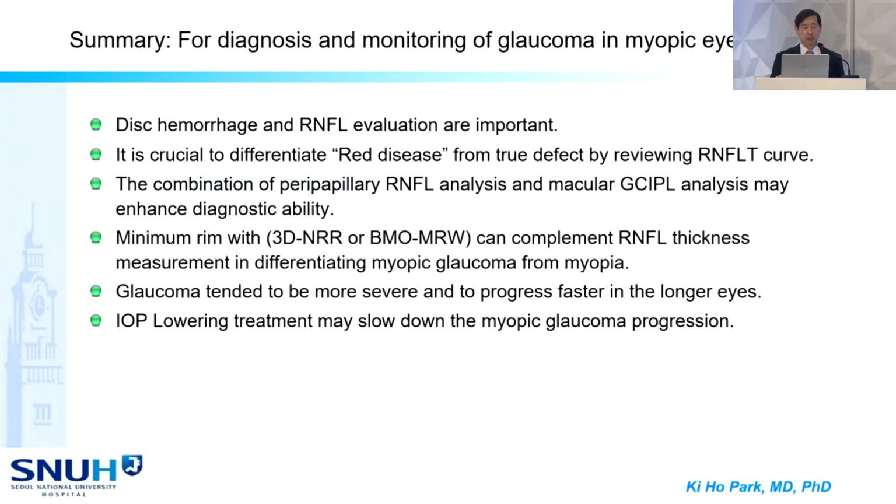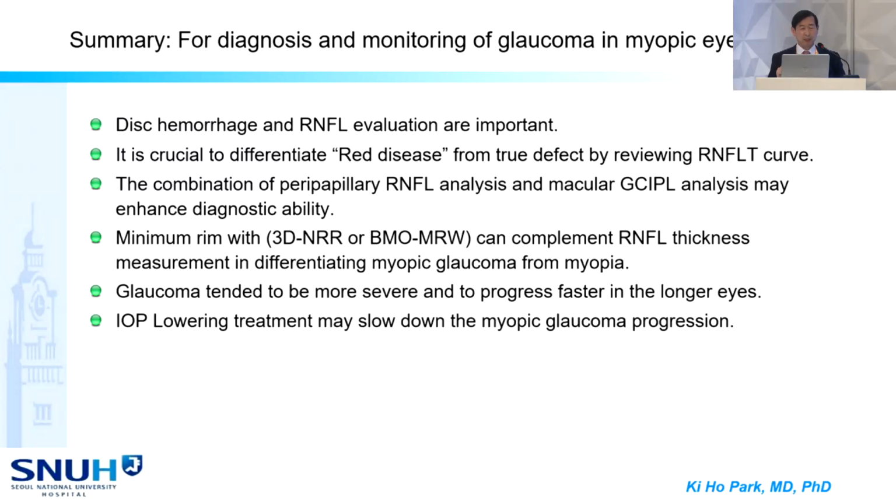So in summary, for diagnosis and monitoring of glaucoma in myopic eyes, disc hemorrhage and RNFL evaluation are important. It is crucial to differentiate red disease from true defect by reviewing the RNFL thickness curve. The combination of peripapillary RNFL analysis and macular GCIPL analysis may enhance diagnostic ability.